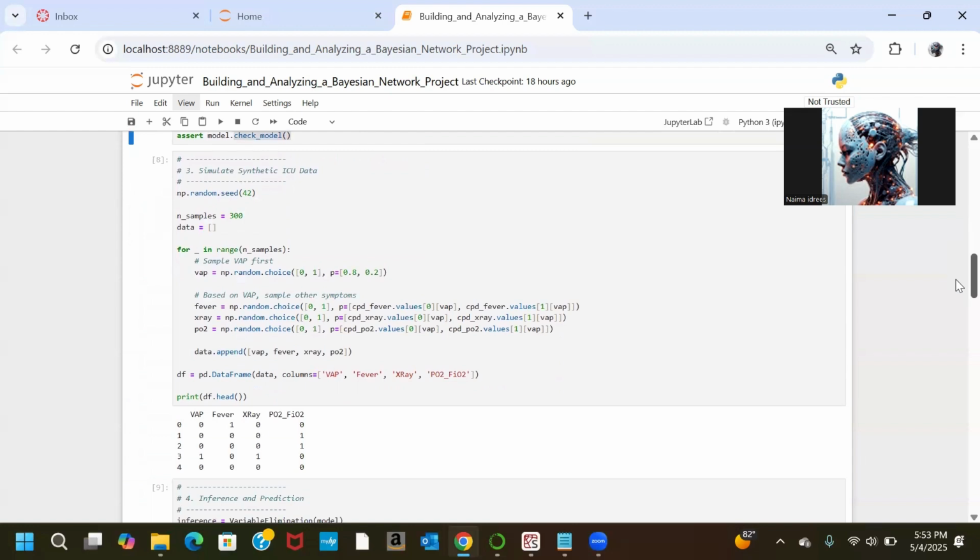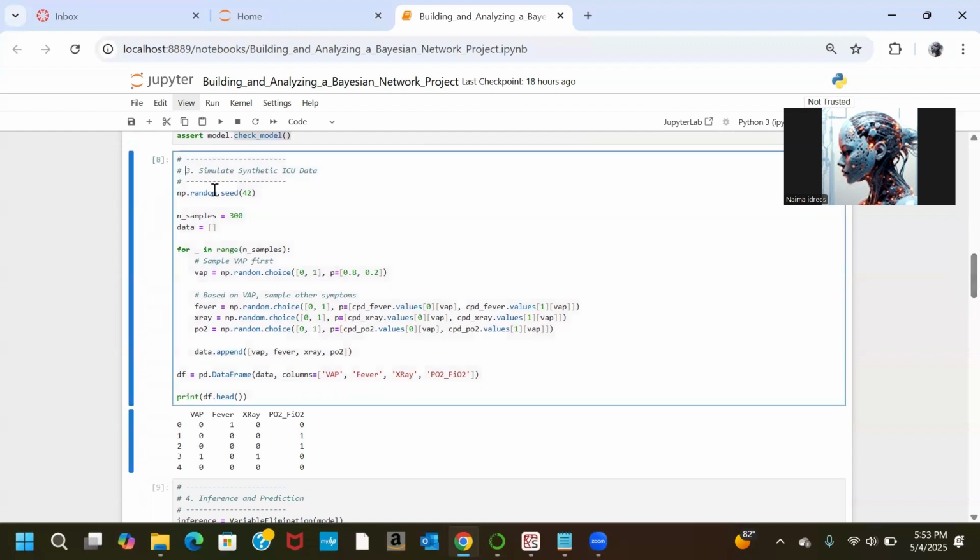So moving further, here we have ordered that is simulating synthetic ICU data, and this creates the synthetic data sets, a data set of 300 ICU patients.